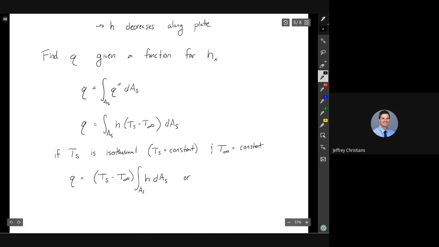or Q equals, we're going to change up our notation a little bit and call that H bar AS (TS minus T infinity).